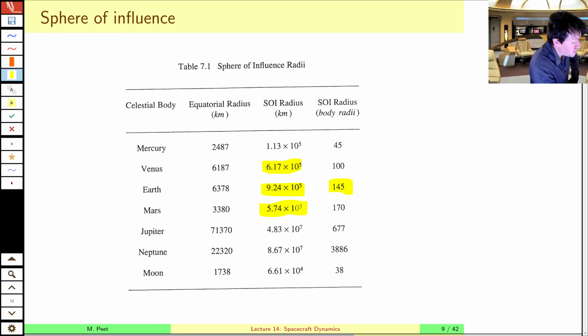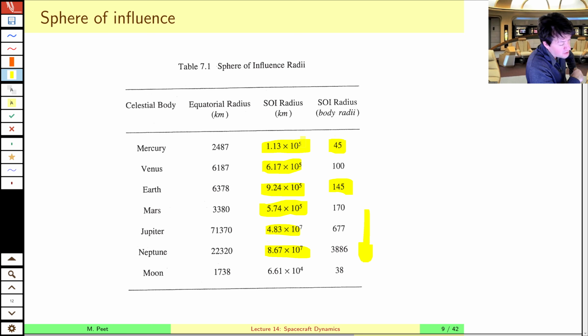As you get closer to the Sun, of course, the sphere of influence diminishes in general. So when you get farther out, your sphere of influence boosts up, although the mass of the planet also plays a factor there. Then Mercury is a relatively small planet, only 45 Mercury radii, or 113,000 kilometers.